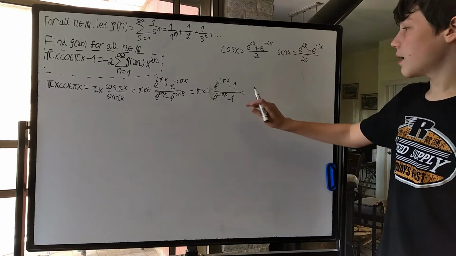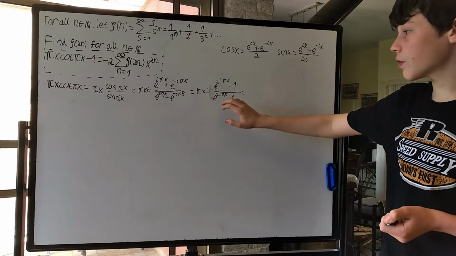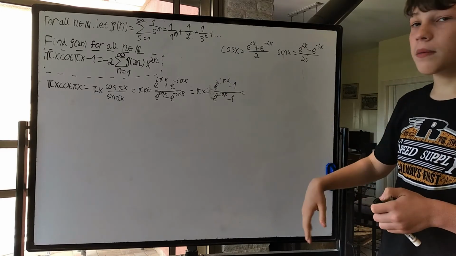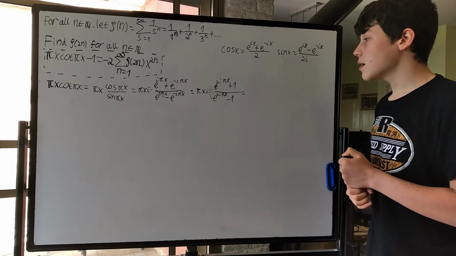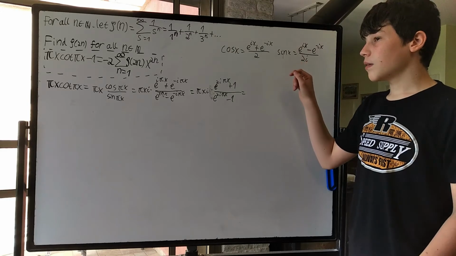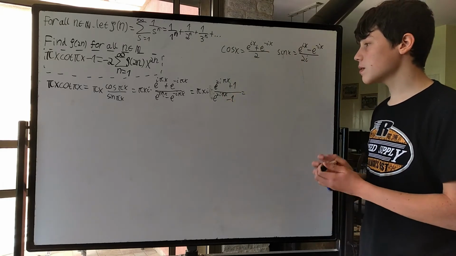Now I want this to be something over e to the something minus 1, and a number divided by e to, in this case, 2i pi x minus 1. And so what I'll do is say this is 1 plus 2 over e to the 2i pi x minus 1.